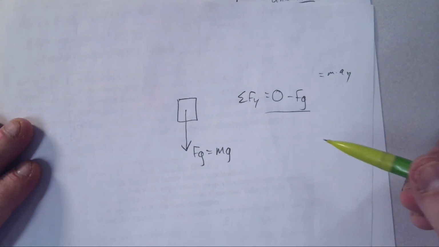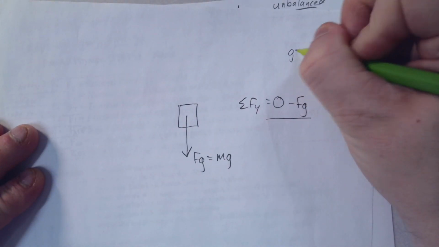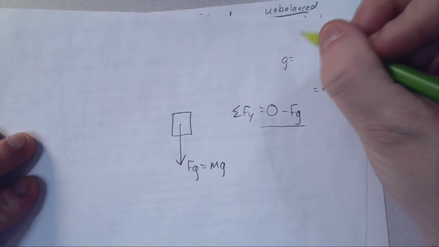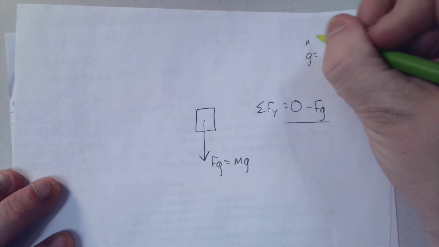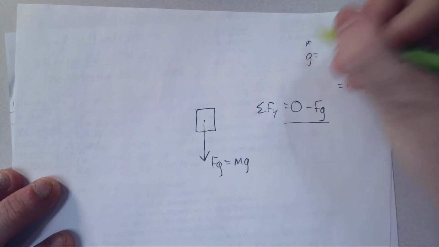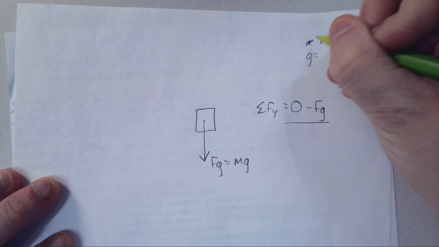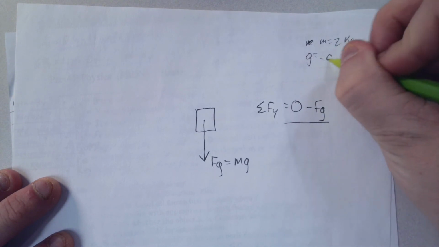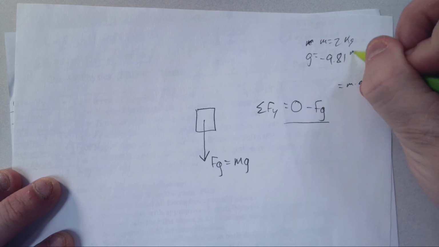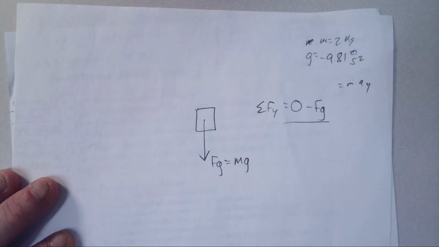Let's hypothetically say the mass is 2 kilograms, we're just making that up, and see what it looks like if the acceleration is a negative 9.81 meters per second squared.